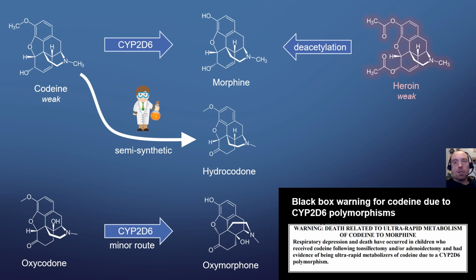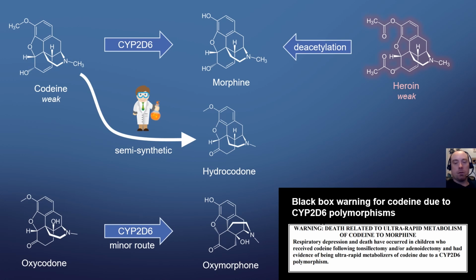And this is just highlighting at the bottom here that there's a black box warning for codeine due to CYP2D6 polymorphisms. I already mentioned that. That's for children undergoing tonsillectomy or adenoidectomy. There's a very strong warning to avoid codeine or be aware of the polymorphisms of CYP2D6 producing morphine too rapidly in some cases.